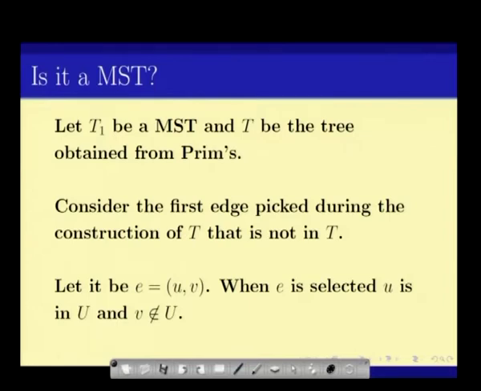But consider the first edge picked during the construction of T that is not in T1. Remember that is exactly how we did it earlier, and let it be the edge uv. Now, when this edge was selected, note that u was colored and v was not colored. So, let us try to understand where we are now.